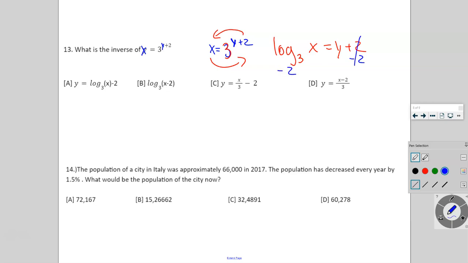So log base 3 of x, minus 2, will equal y. Now please pay attention that when you're moving this -2, it does not belong to the x inside the parentheses, it belongs to the log. It stays on the outside, all right? So this is your answer. So it should be answer A.